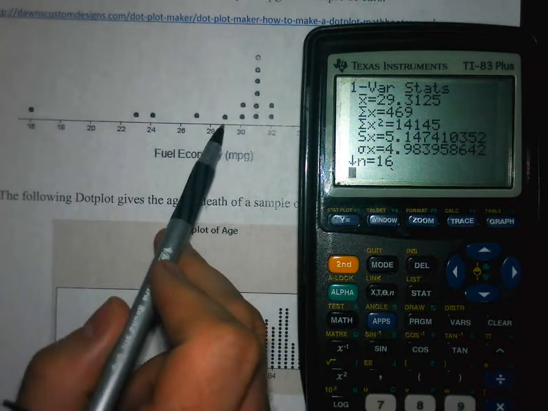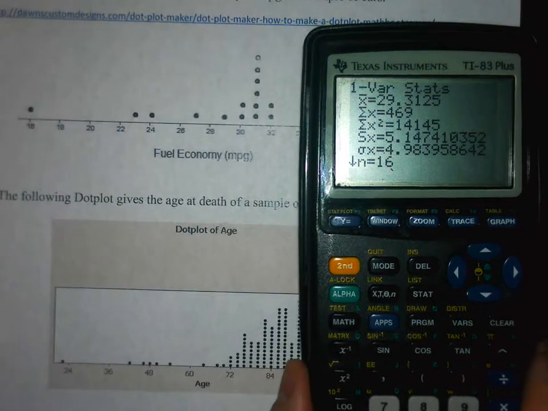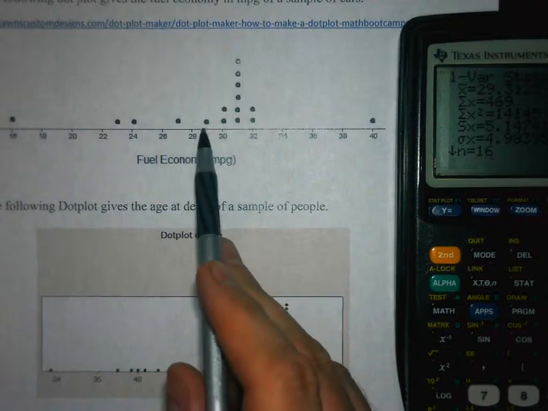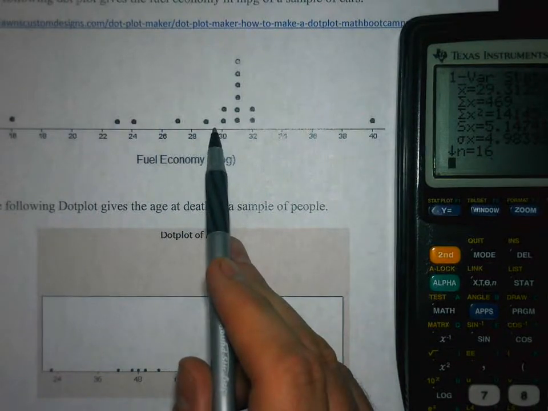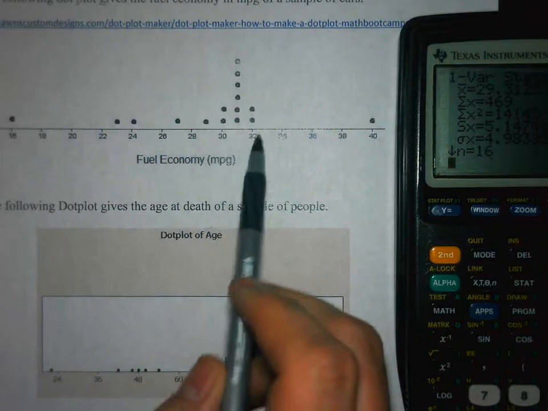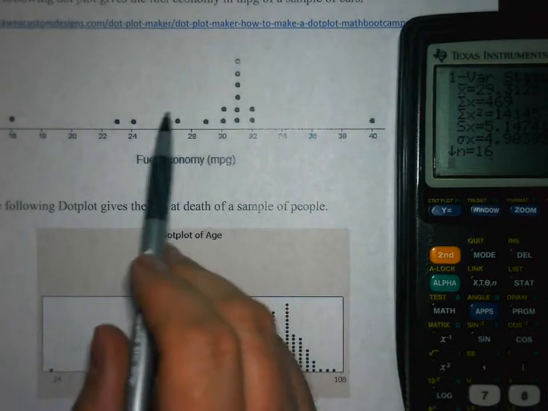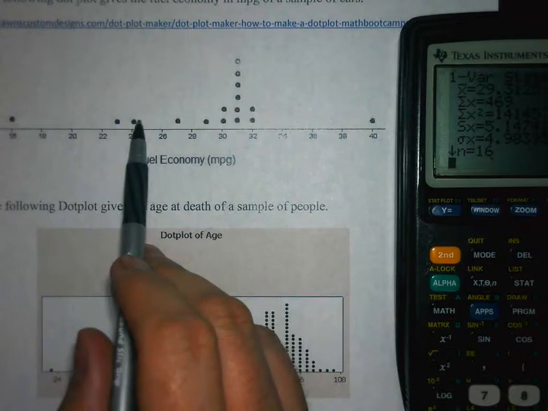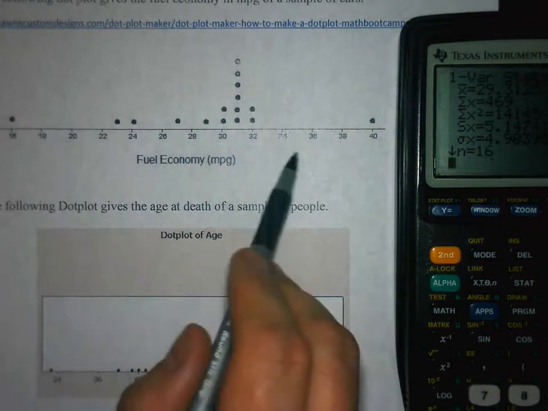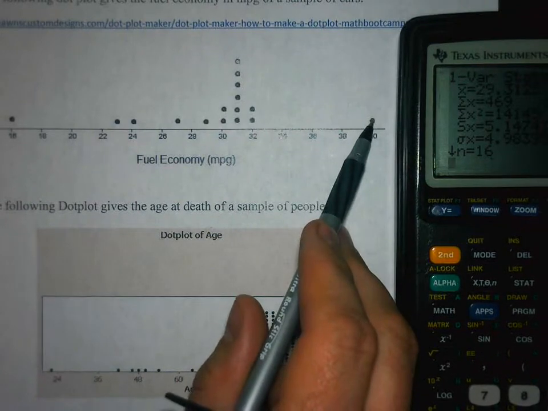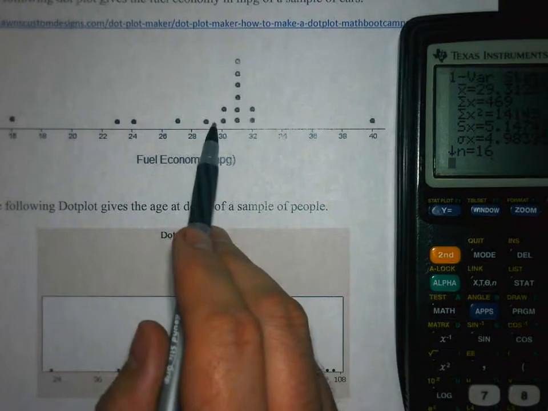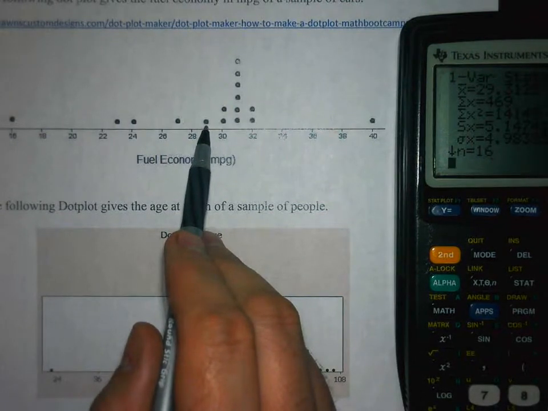On our graph, 29.3 will be right around here, which makes sense because even though the bulk of the data lies between 30 and 32, we have 3 values a bit off to the left and only 1 value a bit off to the right, and that brings the mean down from this chunk right here to 29.3.